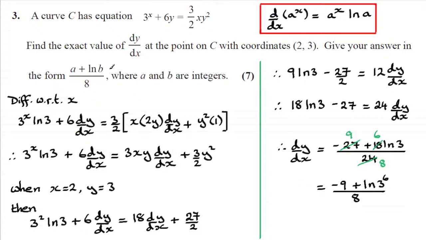So b will turn out to be 729. A is -9. Well done everyone who managed to get that. And hopefully you're able to see your way through this anyway, now that you've seen the solution.